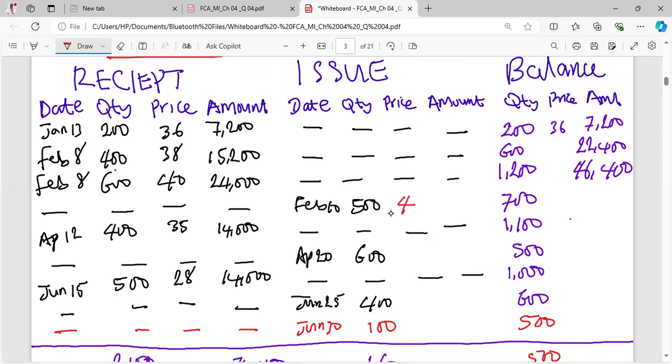So 40 will be here, and we will say 500 multiplied by 40, that will give us 20,000. So 20,000 will be here. If we remove 20,000 from 46,400, we'll be left with 26,400.